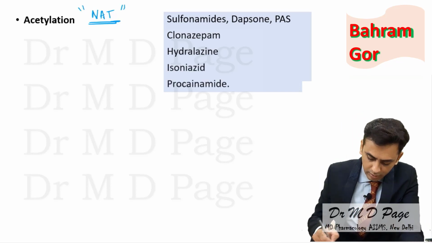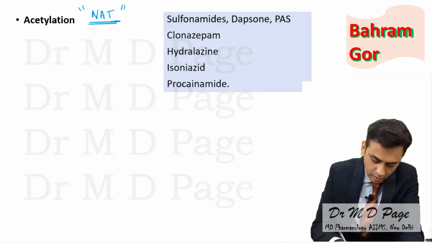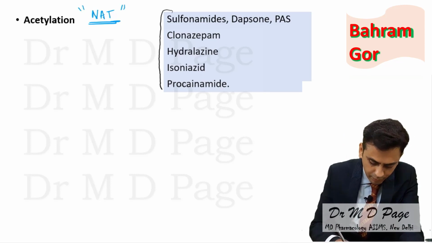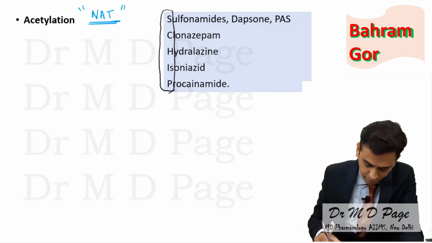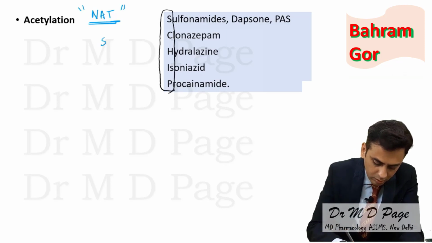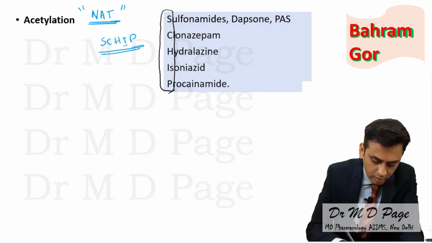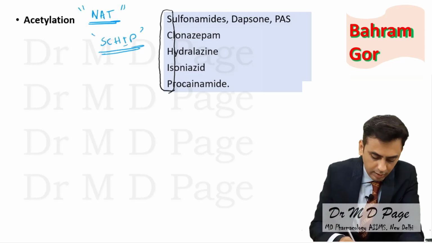How will you remember these drugs? You can see it as SCHIP, or simply pronounce it as SHIP. If you remember this ship, you will remember the drugs getting metabolized by acetylation.